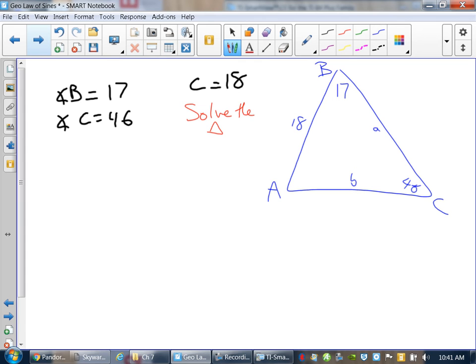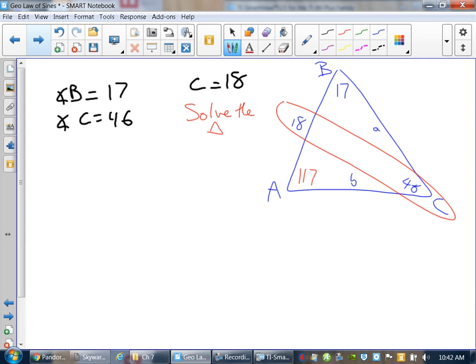So how many degrees are left for angle A? Good. So we know right off the bat, whenever you're given two angles, finding that third angle is relatively easy. Just subtract it out from 180. Now, what information were we given in terms of both sides and angles that were opposite one another? C. Okay.